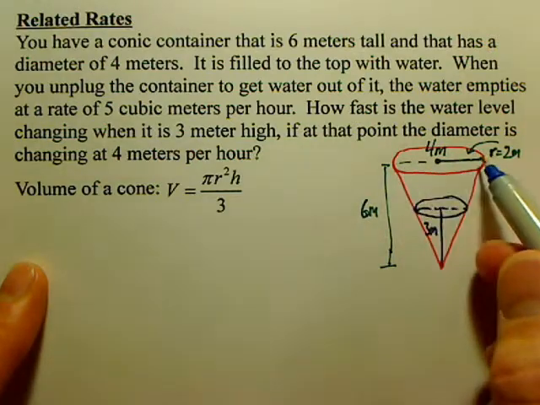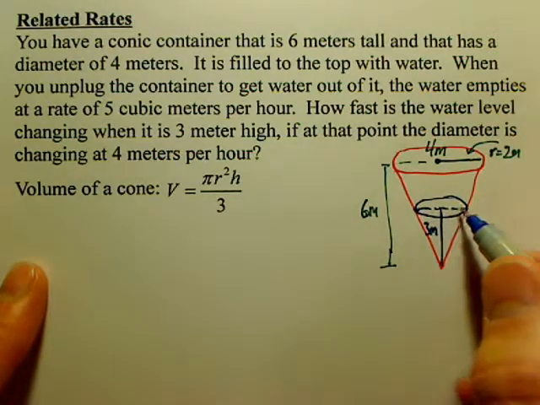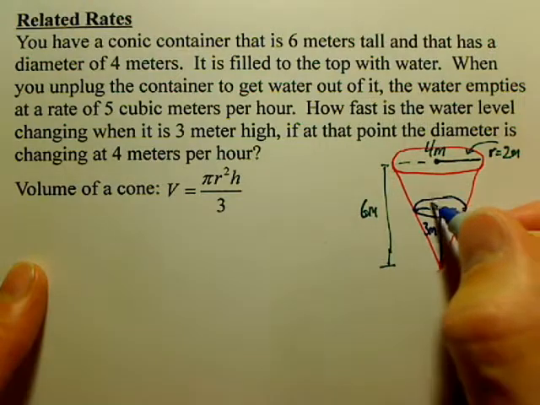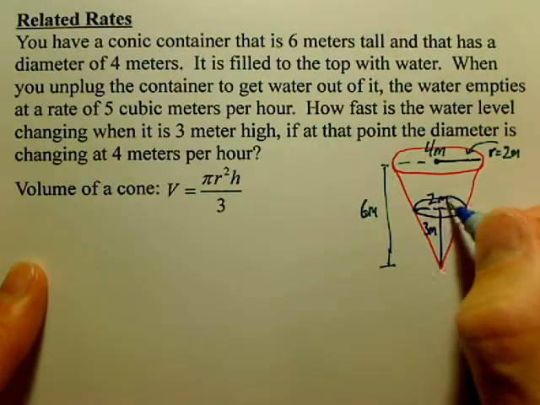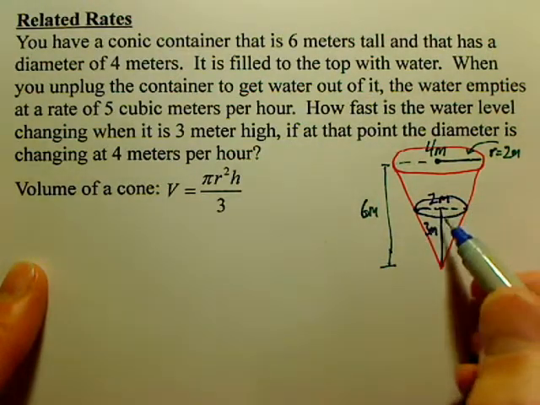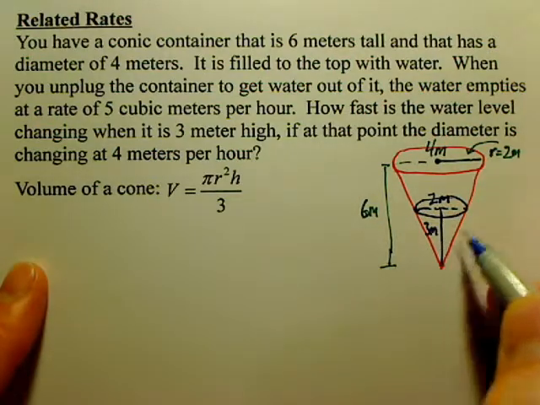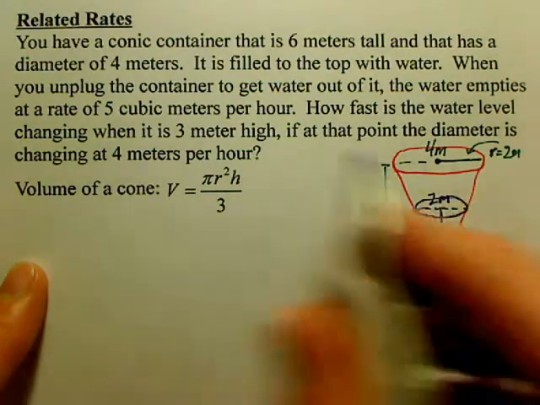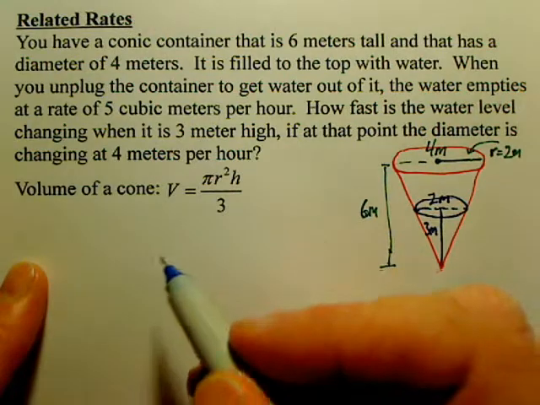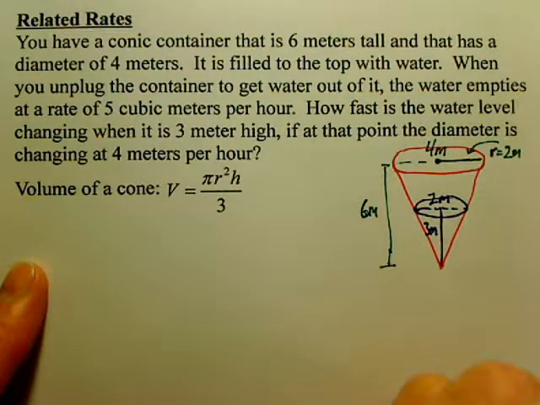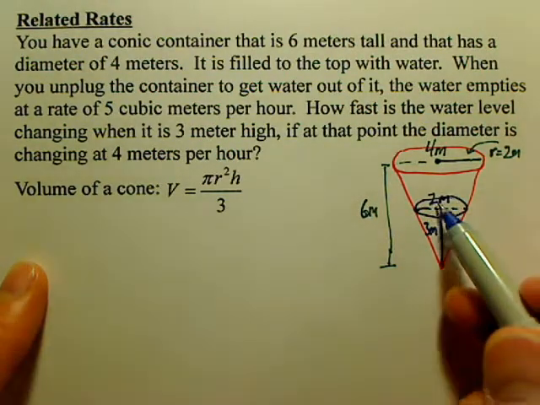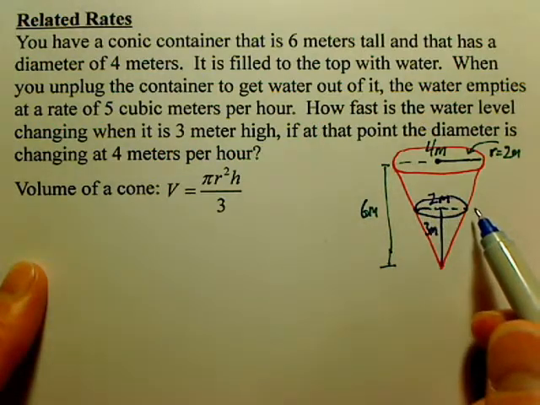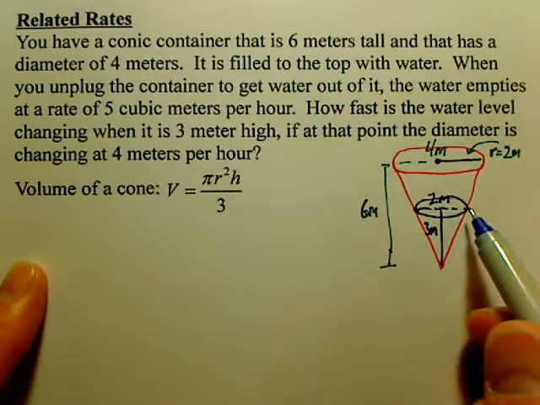So if the diameter is 4, can you tell that this diameter is going to be 2 meters? Can you tell the diameter is 2 meters across and 3 meters down for this cone at this point when we're trying to find the information for the problem? Can you kind of see what's going on here? Now, how do I know that that right there is 2 meters across?